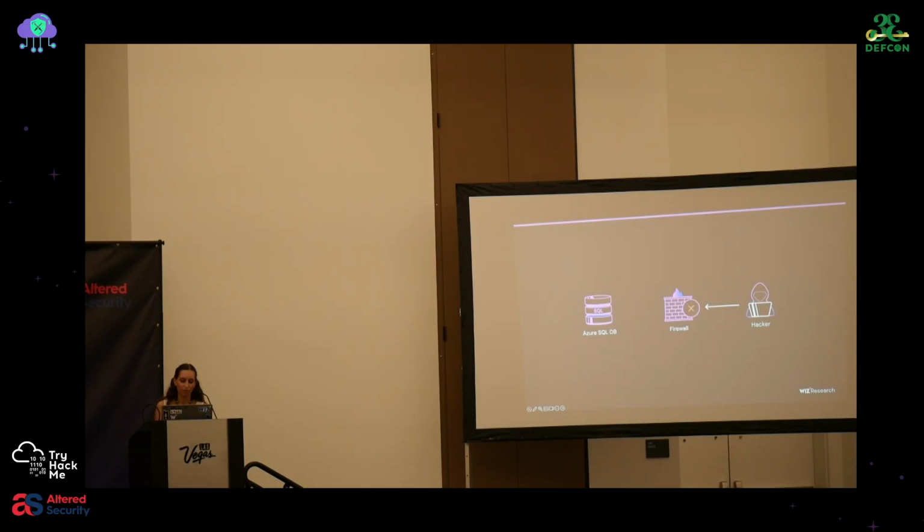So you configure a firewall rule so only you can access it and anyone from outside cannot access it. Then you've added an app service, and you want the app service to be able to access your database server. So you configure another firewall rule that allows access from the app service IP to your SQL database server.